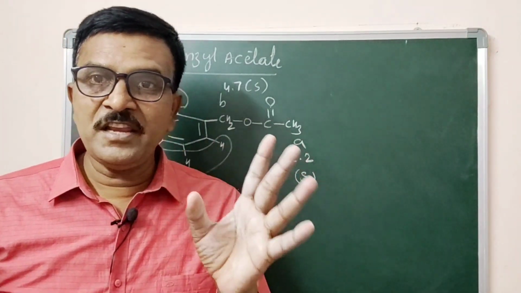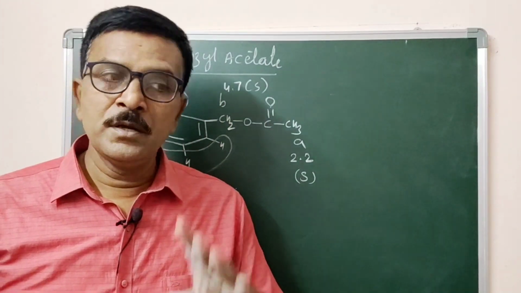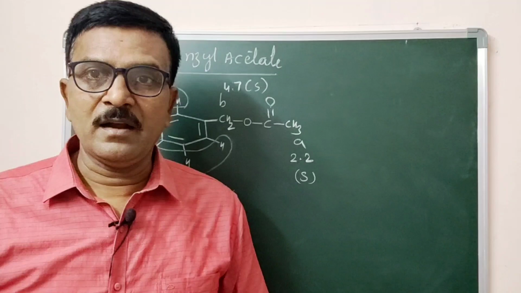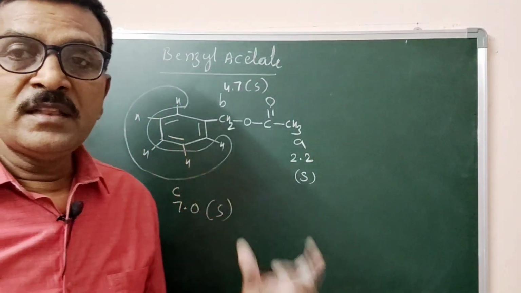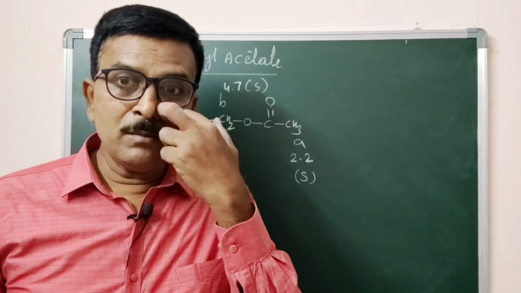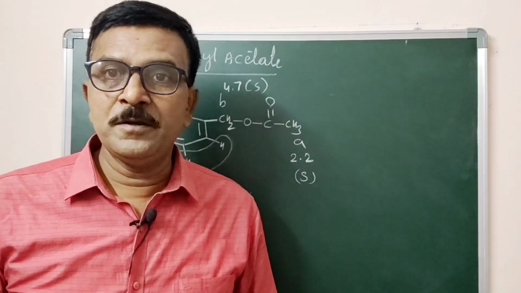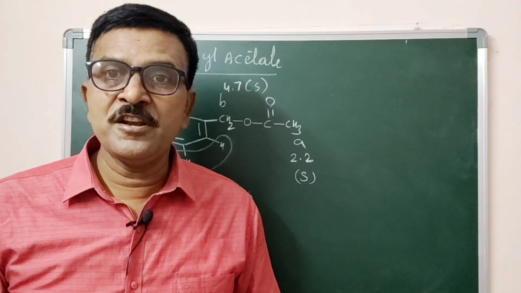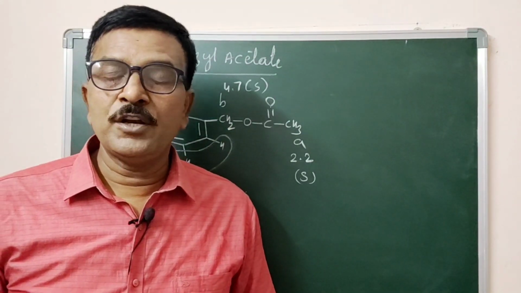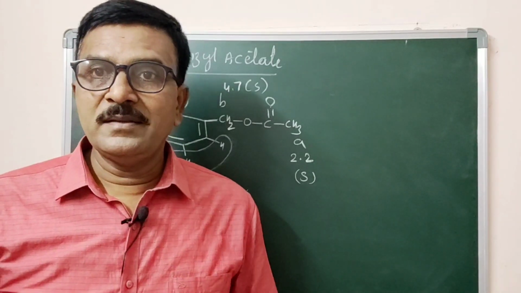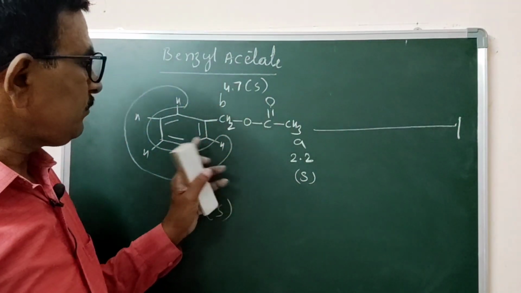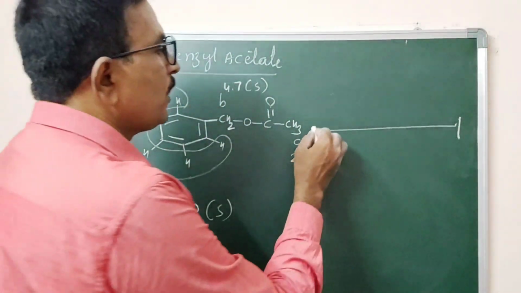A group that changes the aromatic ring resonance makes ortho, meta, para protons non-equivalent. Is it clear? Now here the ring is attached to the alkyl group, that is the CH2 group, which is unable to affect the resonance of benzene. There is no change in the resonance of benzene. Therefore, ortho, meta and para protons become equivalent and appear as a singlet. Let us present the spectrum. For aromatic protons, there is a singlet.